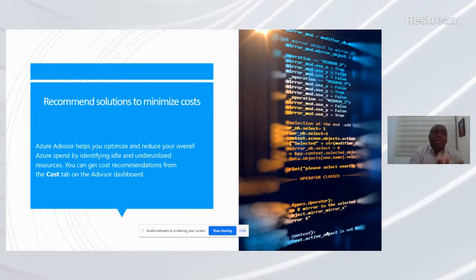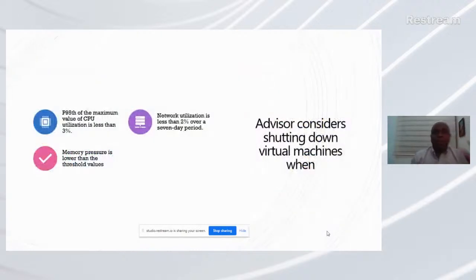The Azure Advisor helps you to optimize and reduce your overall Azure spend by identifying the resources that are not used, the ones that are underutilized, so that you can do what is right. You can optimize your environment and save money for your company. We're going to be looking at the demo later on, but let's move forward.